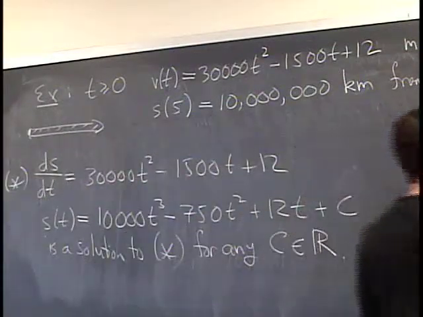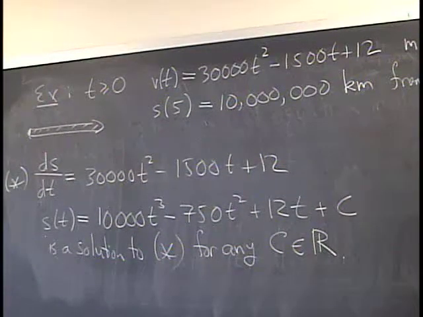And so this tells us that S of t should be 10,000 t cubed minus 750 t squared plus 12t plus 8,768,690.